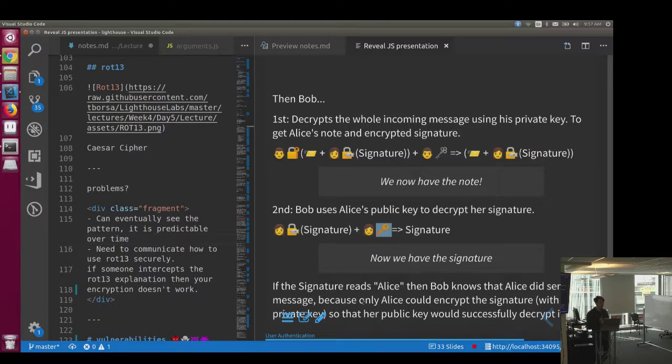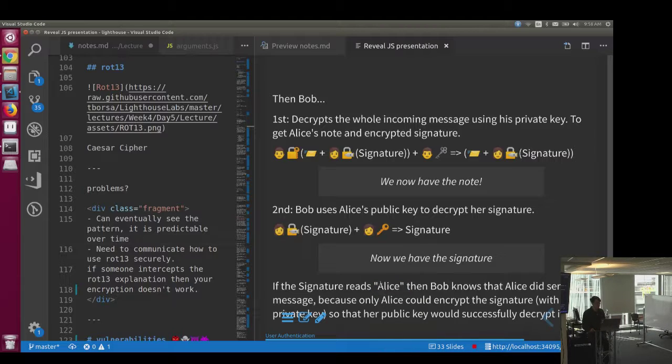Because anything that I put as that signature, when it's decrypted with Alice's public key, is going to be gibberish unless it was encrypted with Alice's private key. And Alice is the only one who has her private key. So if I'm decrypting this signature and it's anything that doesn't make sense, then I know it wasn't Alice.